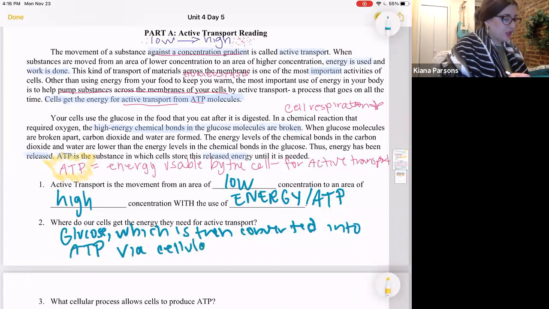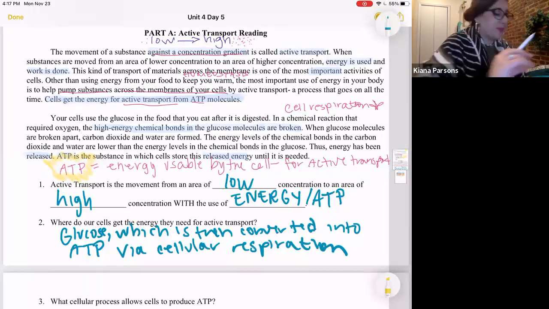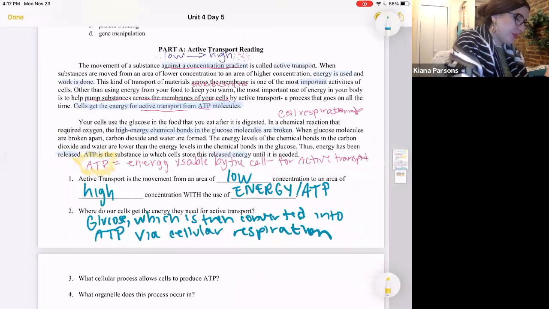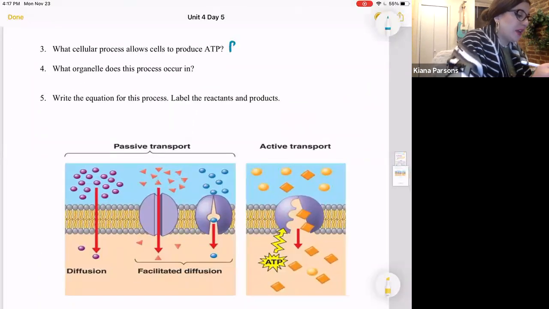And really, it's not just glucose, it's all of our food, anything with organic molecules that have chemical bonds that store energy. What cellular process allows cells to produce ATP? Well, that's cellular respiration, of course.